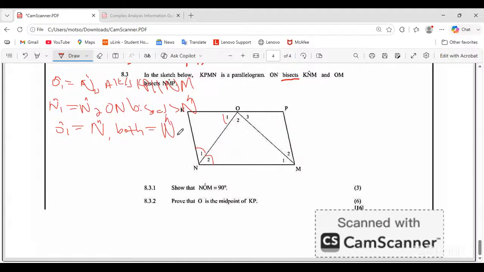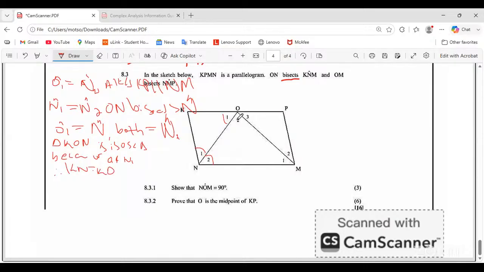Now, in triangle KNO, we can see that this is an isosceles triangle. Triangle KON is an isosceles triangle because of O1 and N1, right? Therefore, KN is equal to KO.